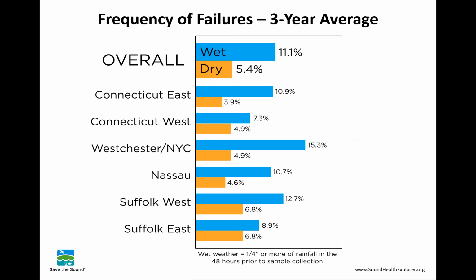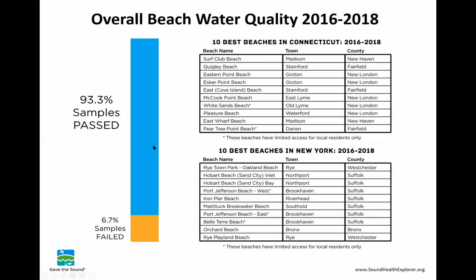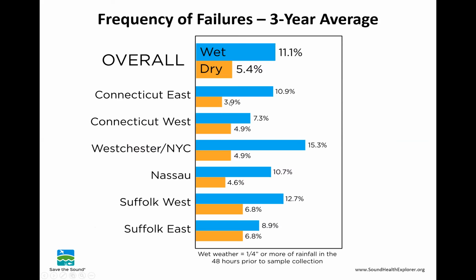So overall, when we look at all of the samples for those 3 years, 2016 through 2018, you saw the overall pass on the prior screen, which was 93.3% overall pass, 6.7% fail. When we break them into wet and dry, 5.4% of the samples failed in dry weather conditions, and 11% of the samples failed in wet weather.